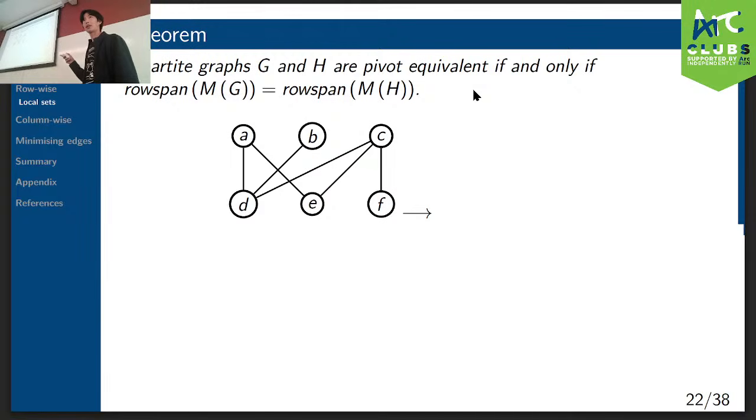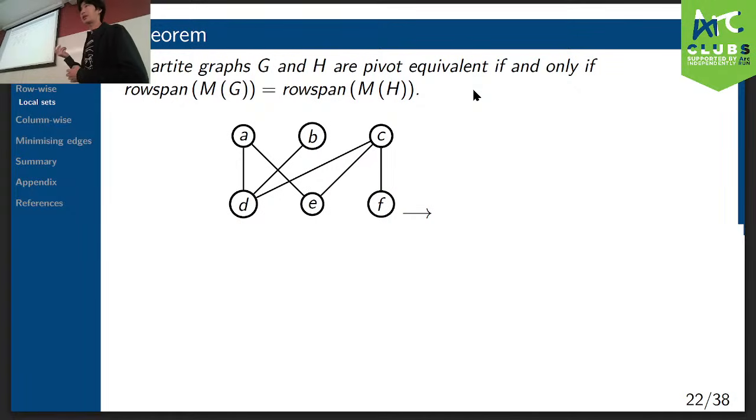This is saying that they are pivot equivalent if and only if sets which are local sets in G are also local sets in H. And this is very useful as a theorem in general, because you can classify whether graphs are pivot equivalent. That's quite non-trivial, because as we saw before, graphs can change a lot after every step.